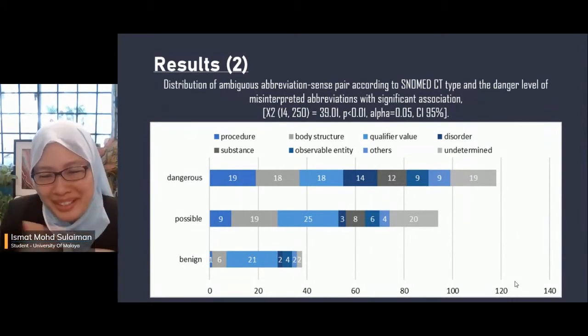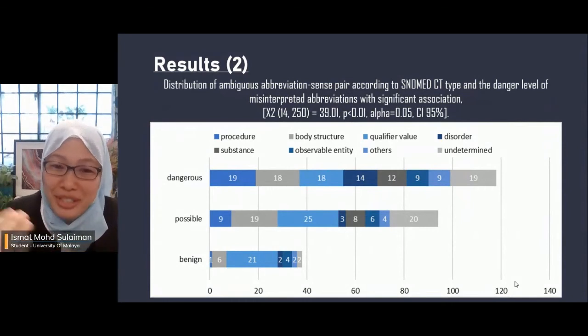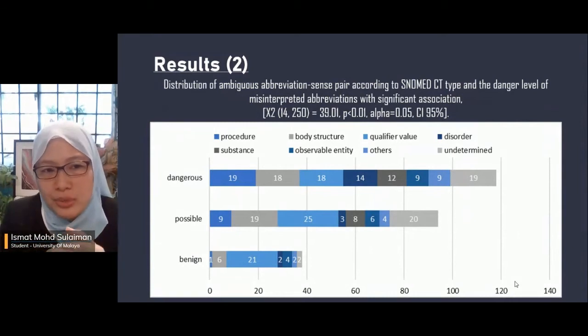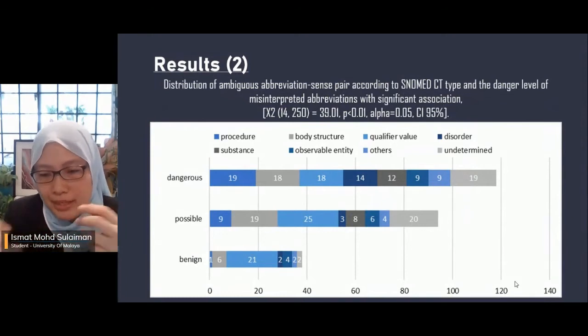The power of the analysis reduced because the number of instances also reduced. So we had to combine these and only took disorder, procedure, and the rest as others as the predictor.